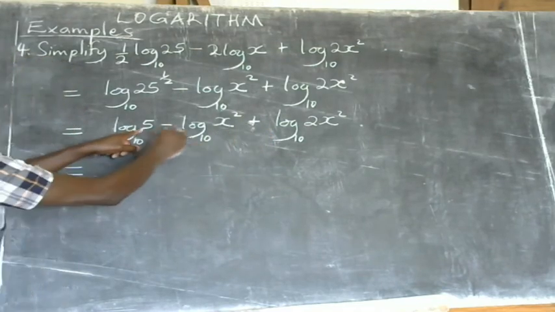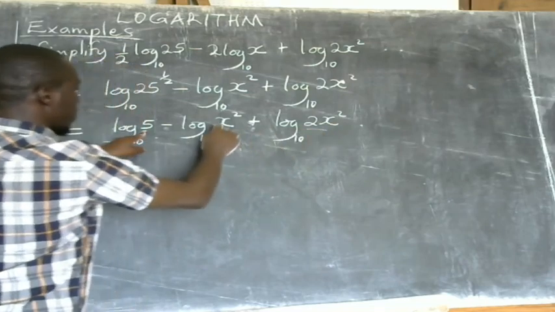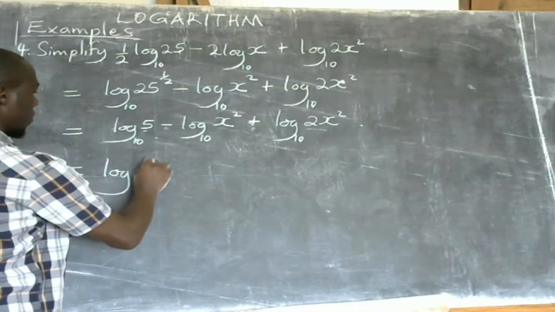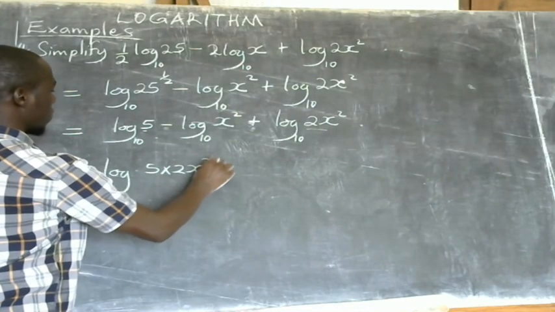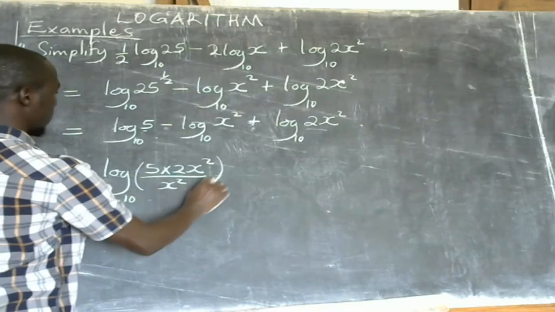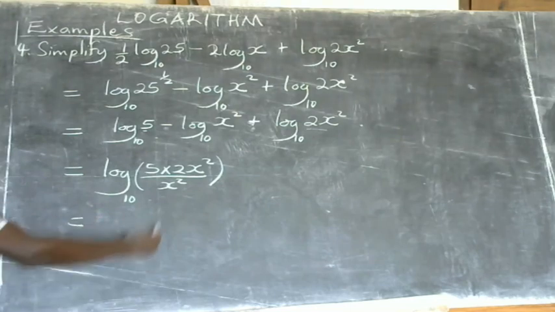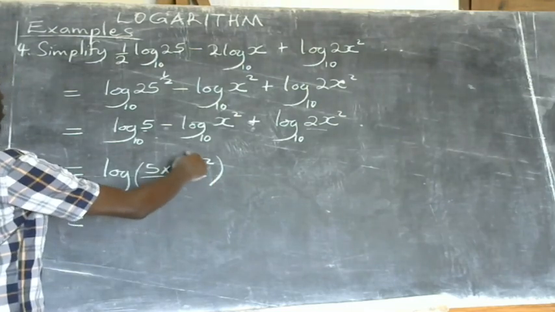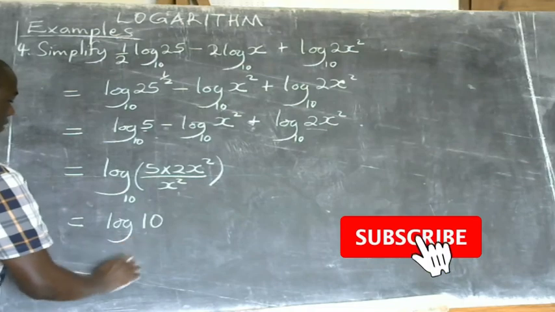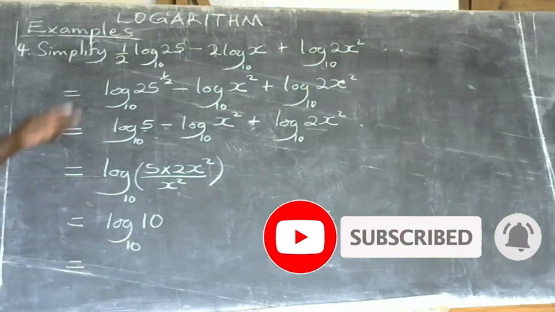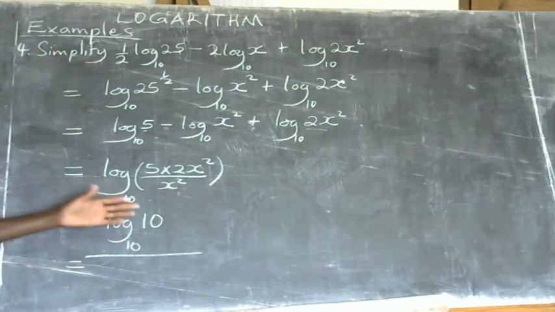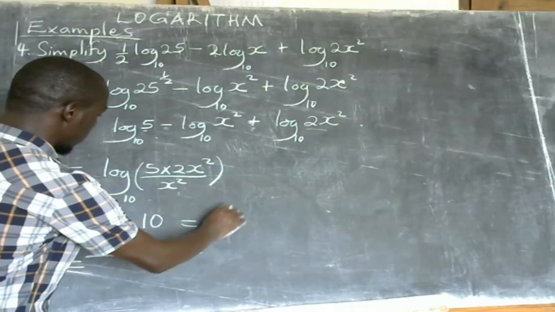So the value here is going to multiply the value there, then be divided by that one there. So this is log of 5 times 2x squared, then divide by x squared, the base is 10. Then I simplify. x squared and x squared there, they cancel out. 5 times 2, that one is going to give me 10, base 10. Since they said simplify, we can leave the answer there. But if they said evaluate, we can go on and say that the answer is 1.